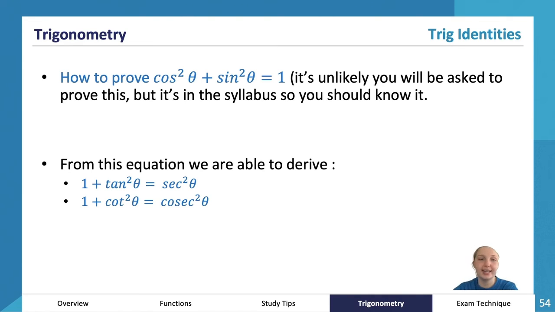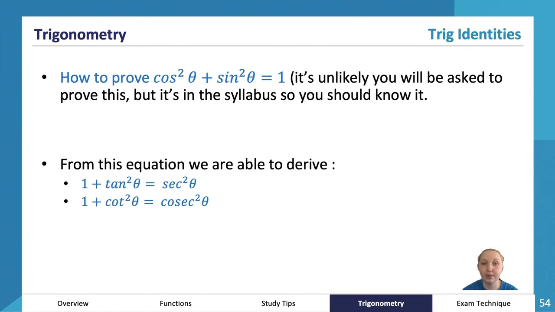Something else to know with trig is about trig identities. So looking at how to prove cos squared theta plus sine squared theta equals 1 is actually one of your syllabus points. I'm going to say it's pretty unlikely that you're going to be asked to actually prove this. I've never personally seen it in a question, but it is in the syllabus, so you do need to know it.